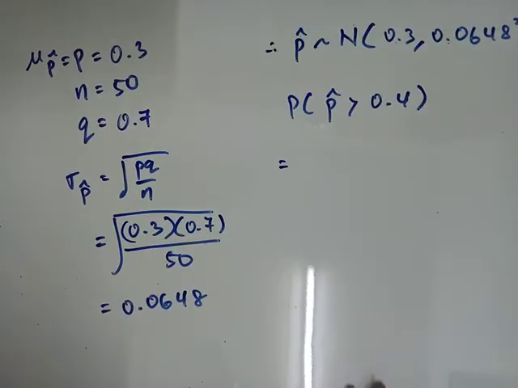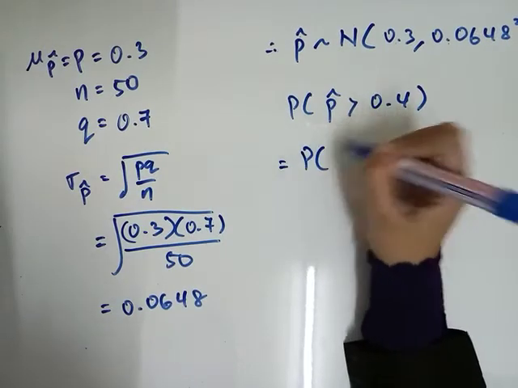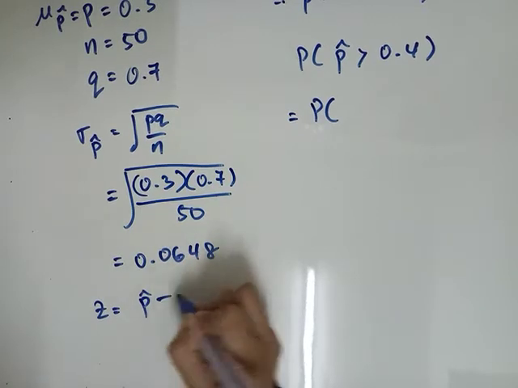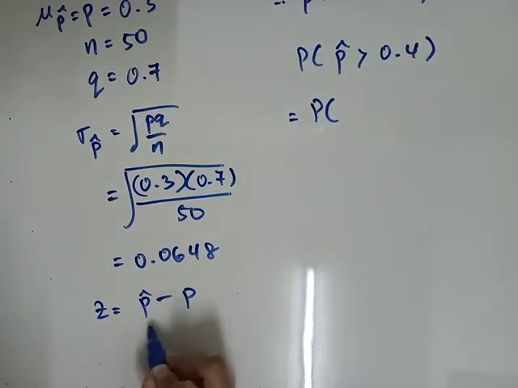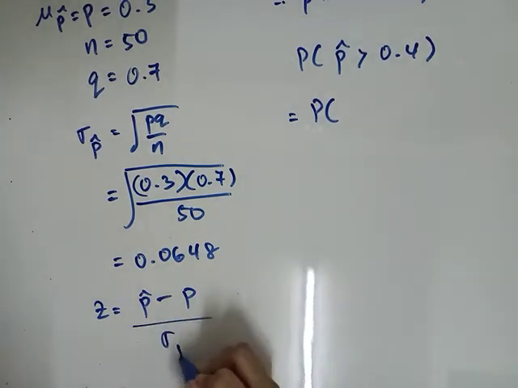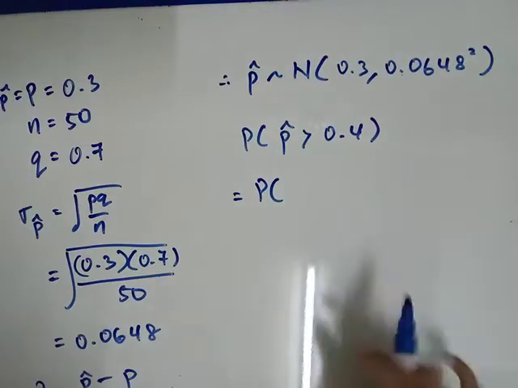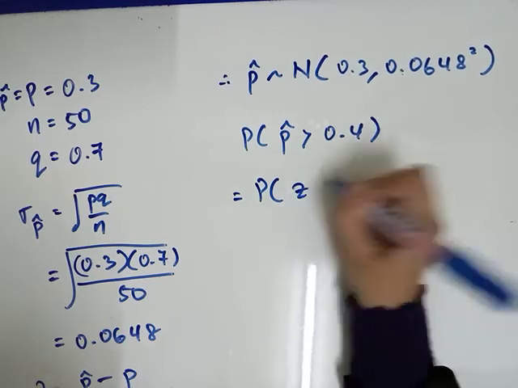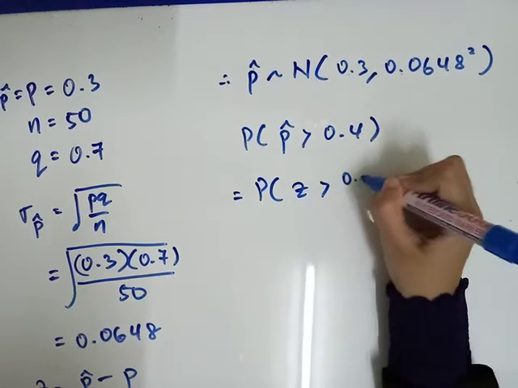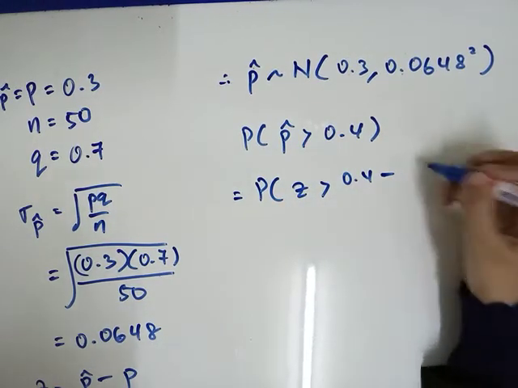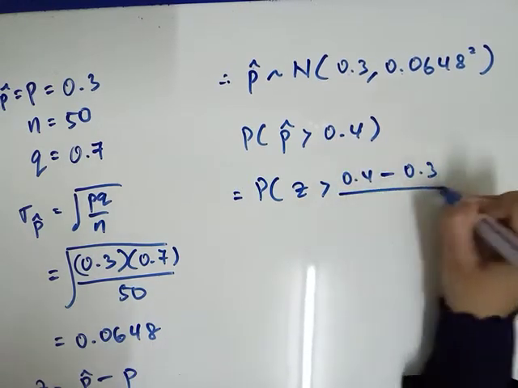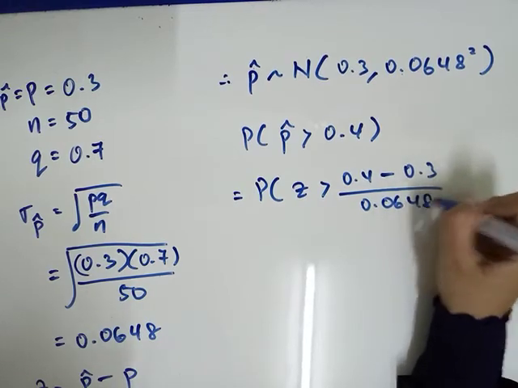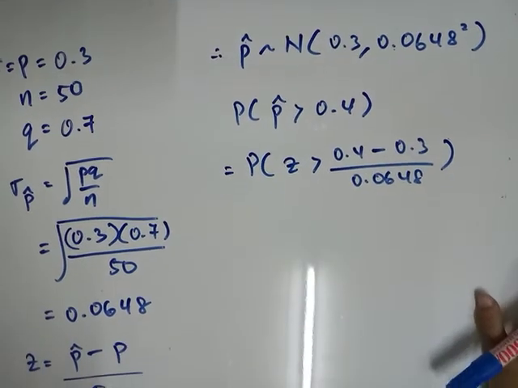So the probability, by using formula Z, is equal to sample proportion minus population proportion divided by the standard deviation. So we need to change from sample proportion to Z. Z more than 0.4 minus mean 0.3 divided by the standard deviation, 0.0648.